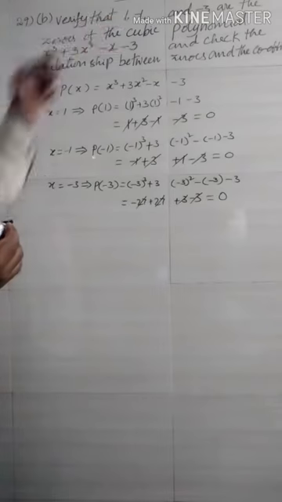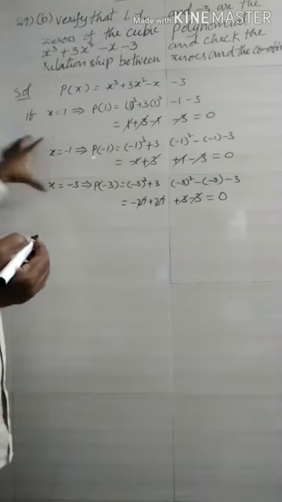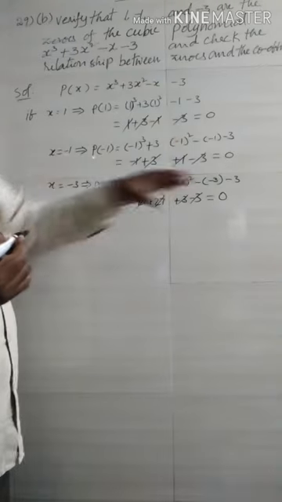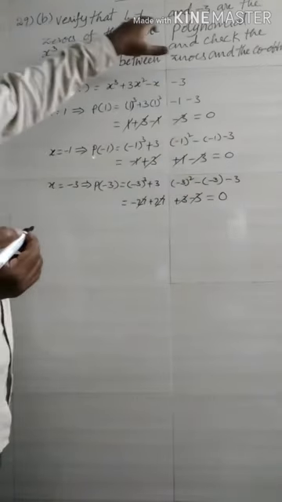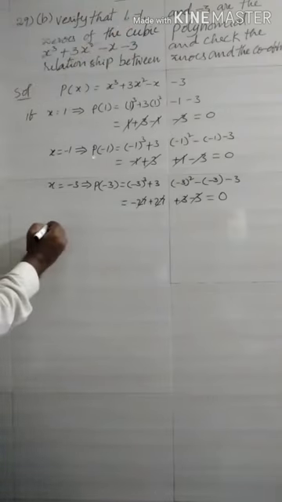That means you observe on behalf of x, 1 and minus 1 and minus 3, what we get? All the three instances we get zeros. That means the 1, minus 1 and minus 3 are zeros of the polynomial.